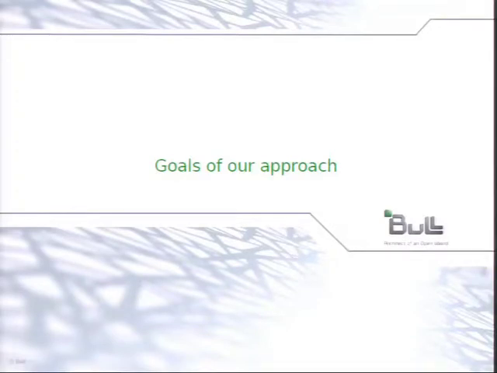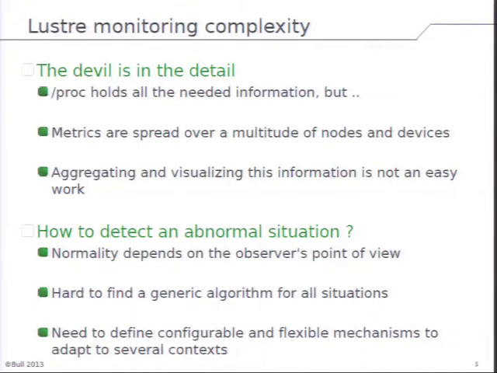So the goals of our approach. Lustre monitoring is a complex task, mainly due to the fact that you can find whatever information you want from Lustre, from running statuses in the production file system.